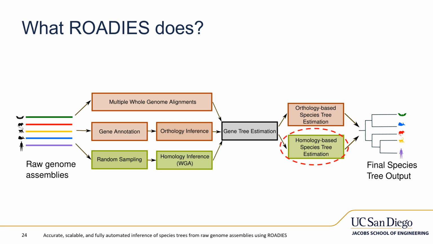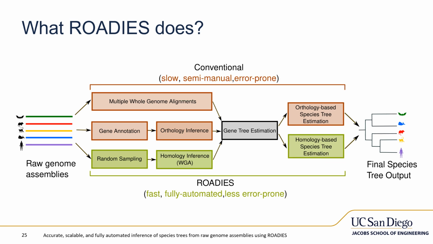Apart from this, we do homology-based species tree estimation instead of orthology-based species tree estimation, and also are discordance aware by taking advantage of AstralPro. And these differences with respect to the conventional approaches simplify the computational process and enable us to automate the entire pipeline end to end. Thus, ROADIES becomes much faster and less error prone without compromising on accuracy.